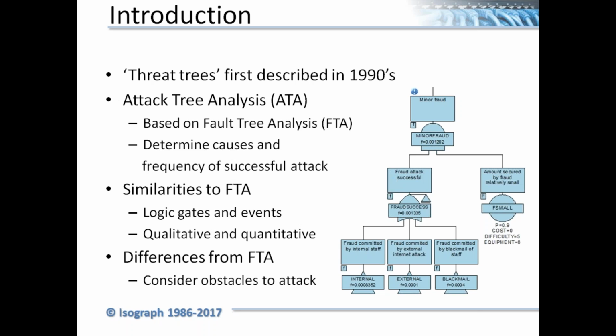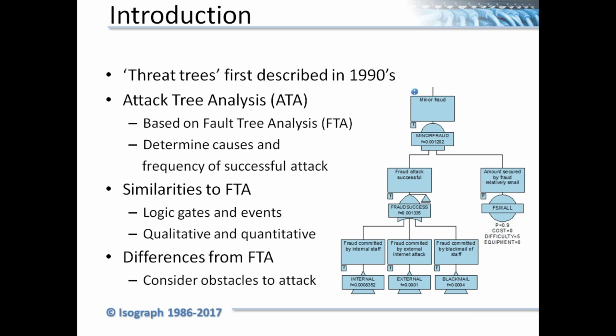But of course, there would be no point in having a separate analysis technique like attack tree unless there were things that the attack tree could do that we would not ordinarily do in a fault tree. Now, in an attack tree, we're looking at the frequency of a successful attack, but of course, an attack can't happen for free.